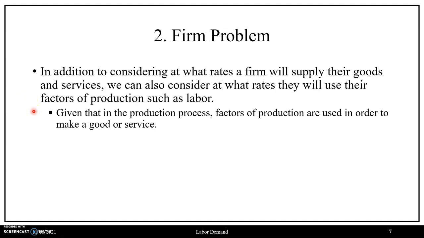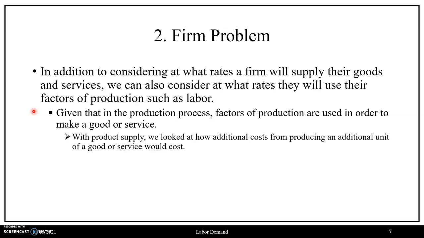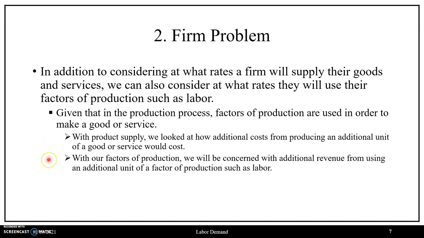In the production process, factors of production are used in order to make a good or service. Factors of production are our input and our result, or output, will be the goods or services. In regards to our output and our studying of product supply, we looked at the additional costs from producing an additional unit of a good or service. With our factors of production, we will be concerned with additional revenue from using an additional unit of a factor of production, such as labor.